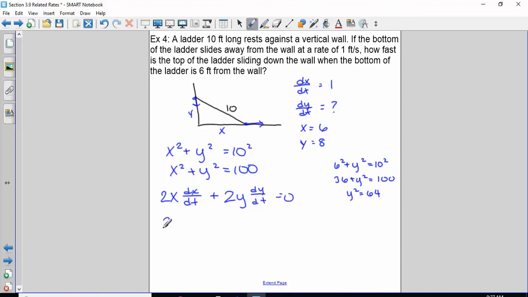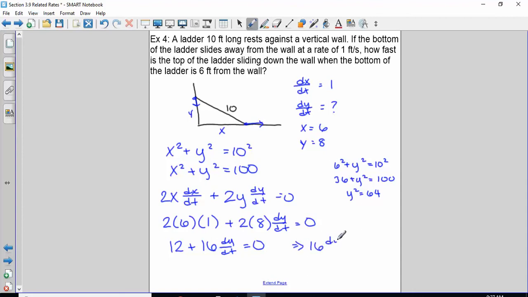Plug in. x is 6, dx dt is 1, y is 8. We do not have dy dt. So 16, dy dt is negative 12.